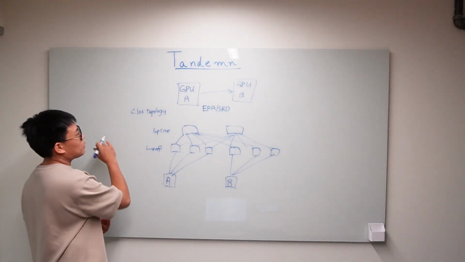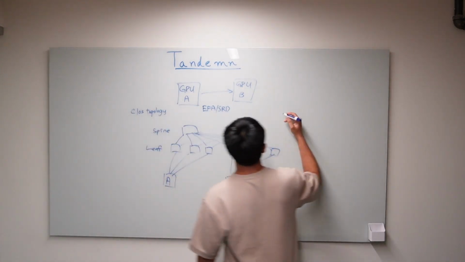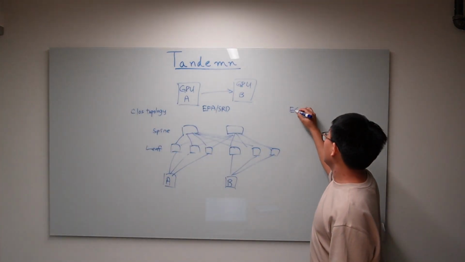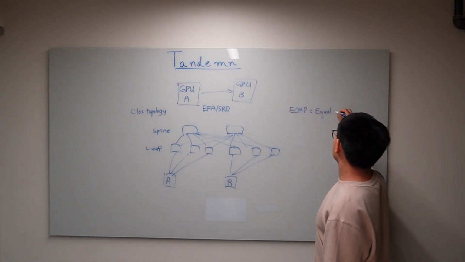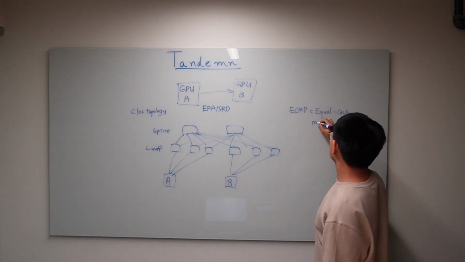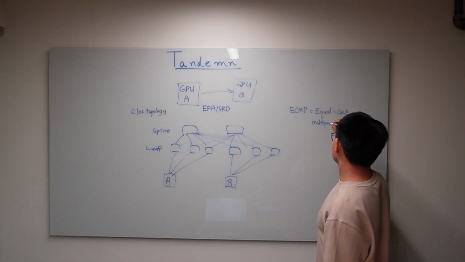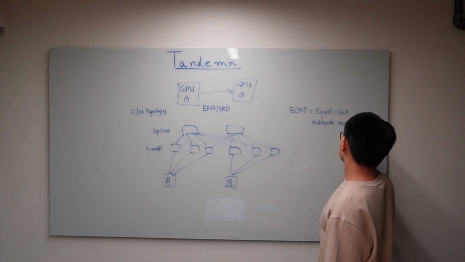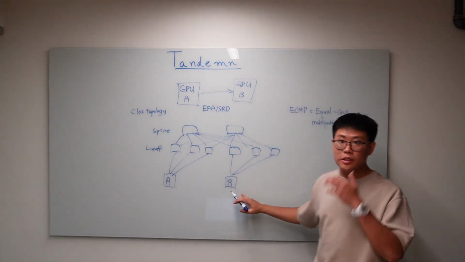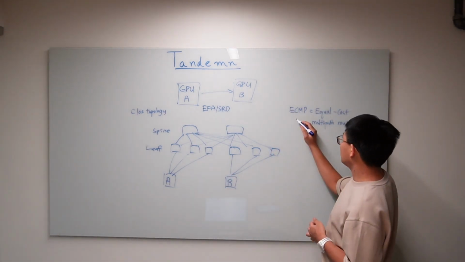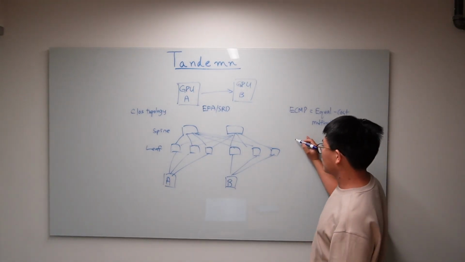For example, in AWS, they use ECMP, which is equal cost multipath routing, to send packets from A to B. What this means is that in ECMP, it actually hashes the flows.